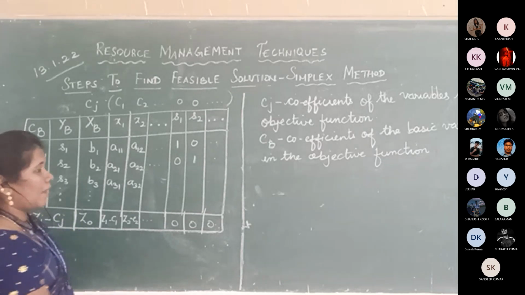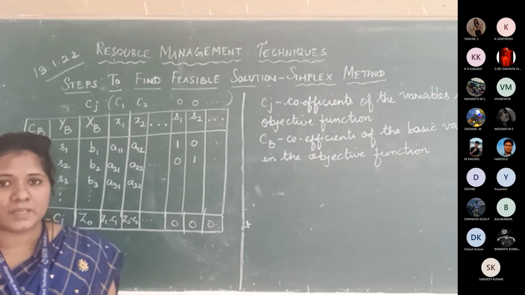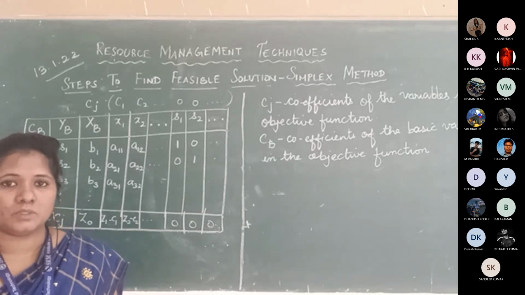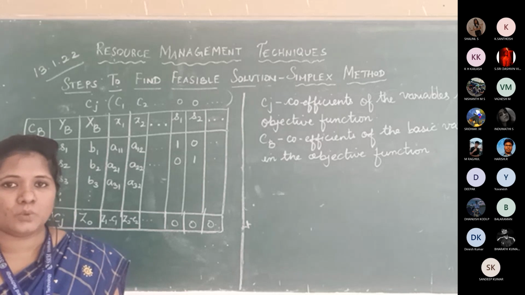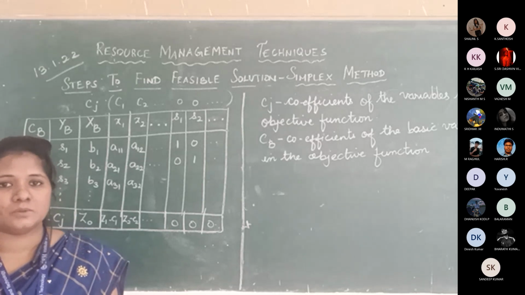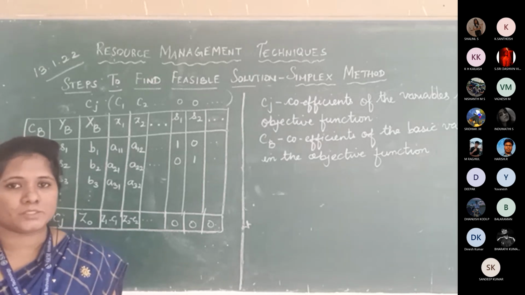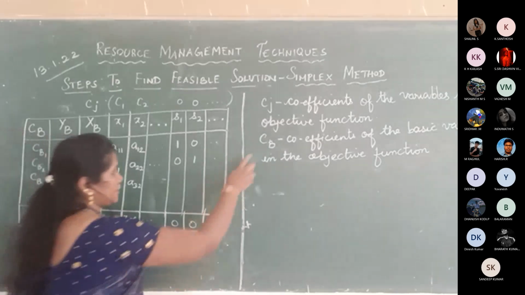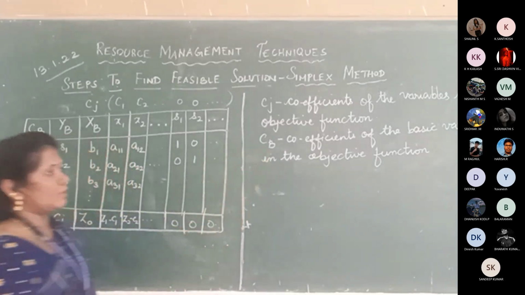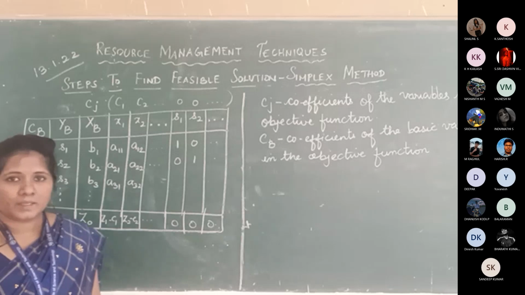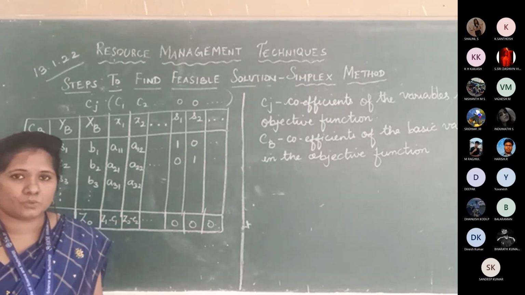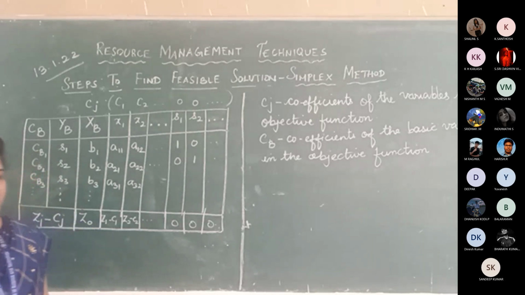In your maximization function, your slack variables will be 0. You will put it as plus 0s1, 0s2 and so on. So your Cb will be the coefficient of the basic variables, and you can write in brackets s1, s2 and so on, in the objective function.